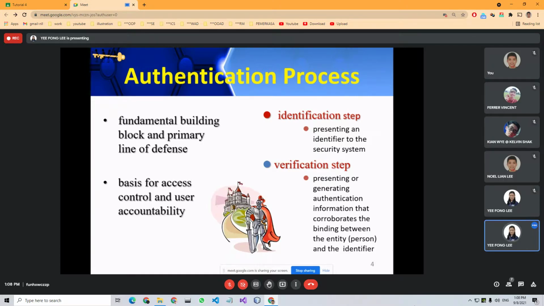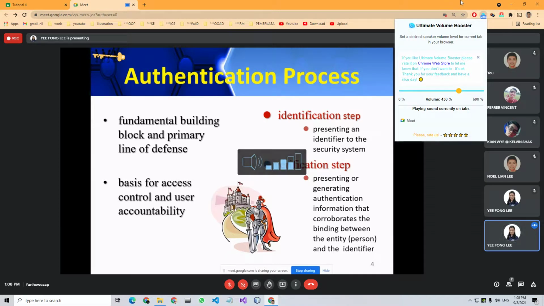It means that user authentication is used in most access control. The computer system needs to identify the authenticity of the authorized user before granting access.